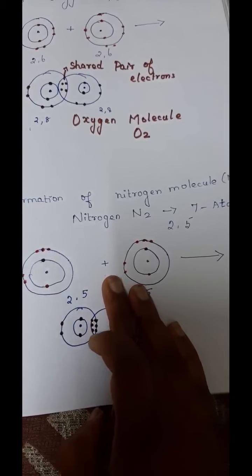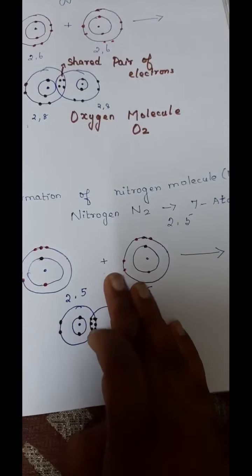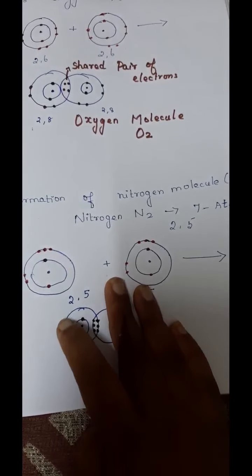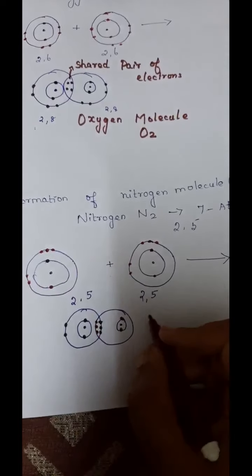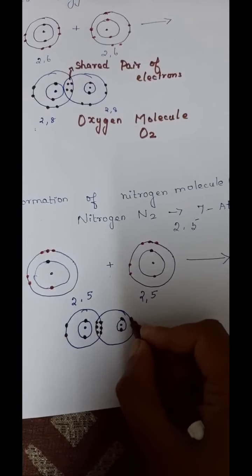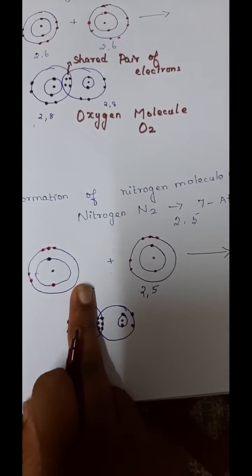So how many electrons totally? 6 over here plus 2, 8 electrons. So 6 electrons over here plus 2 electrons, 8 electrons.